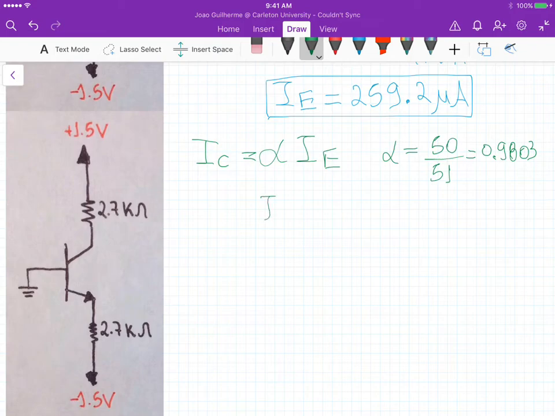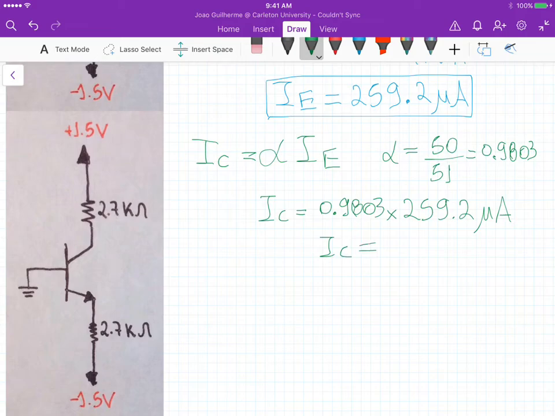So IC is equal to 0.9803 times 259.2 microamps. This gives us an IC equal to 254 microamps. Okay, this is IC.